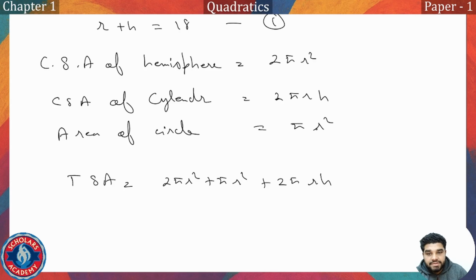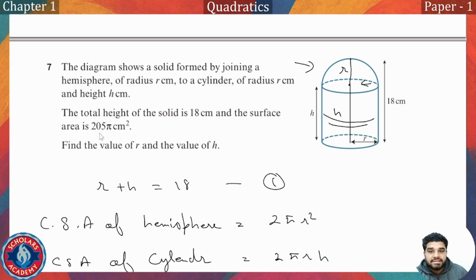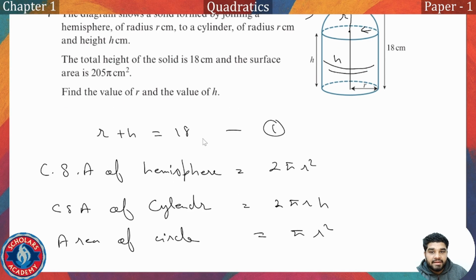So that gives us 3 pi r square plus 2 pi r h. We can take some things common, but let's leave it like this right now. Let's check. So this total surface area is given to be 205 pi, right?